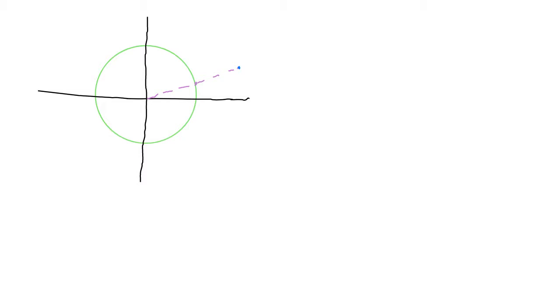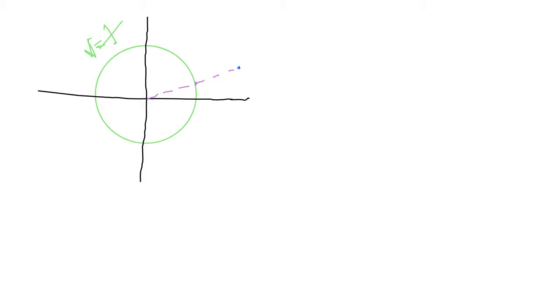Now assume that this is the unit circle, which has r equal to 1. How can I find this point?